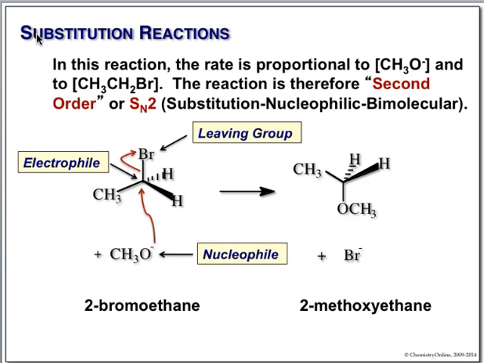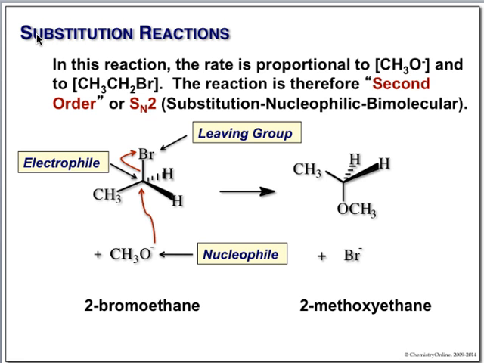In this reaction, in the rate-limiting transition state, we have both the nucleophile and the electrophile. They're both in there. Now, the rate of a reaction, the rate at which it happens, is going to be proportional to the number of transition states that you can come up with. If you have more transition states, you're much more likely to have a reaction and to make a product.